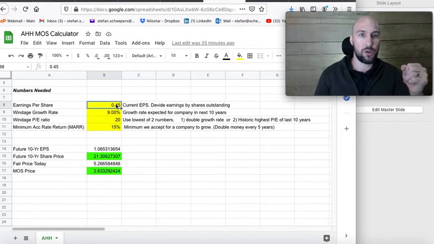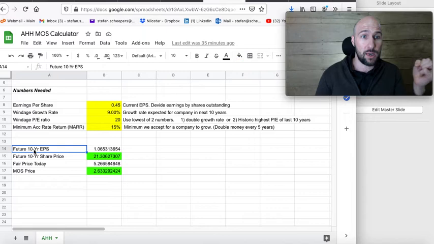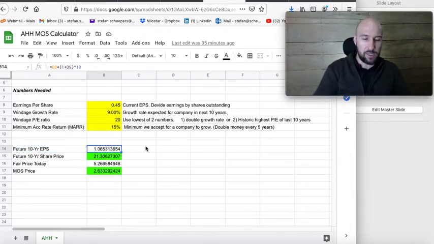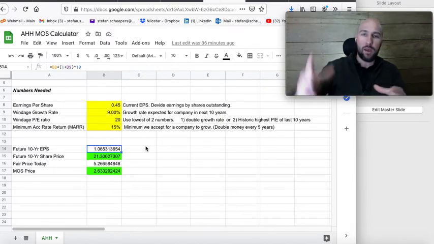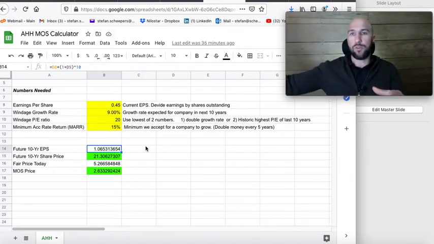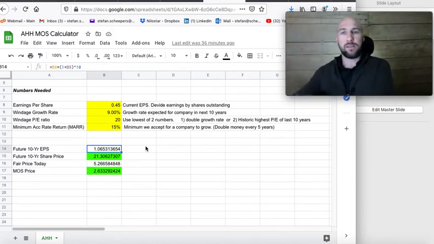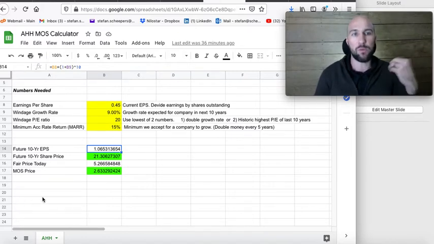So if you slot in all these numbers, you're going to get a future 10-year earnings per share. That means the earnings per share that it is right now, you want to multiply until you get to 10 years and see how much it will be in 10 years. How do we do that? The formula is we take the earnings per share right now, we multiply it by 1.09 because 9%, and then to the power of 10.